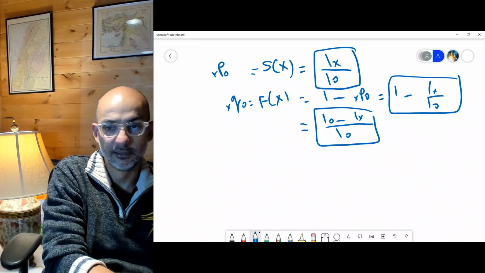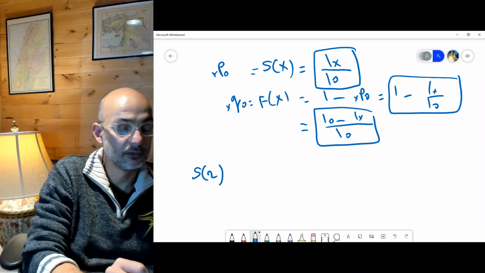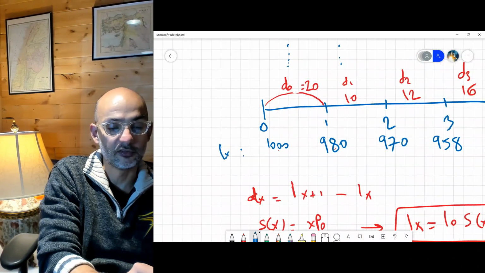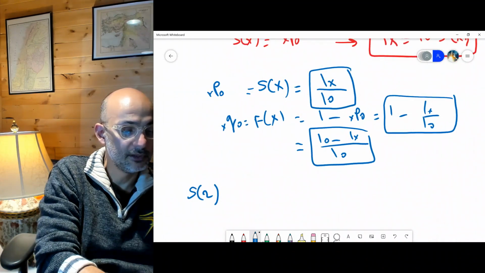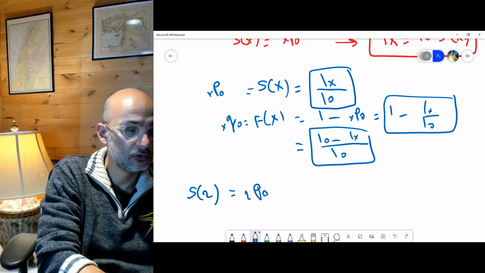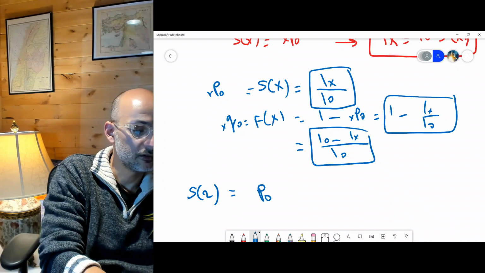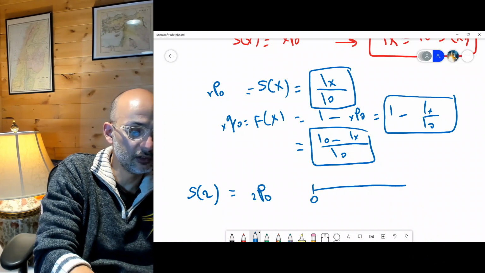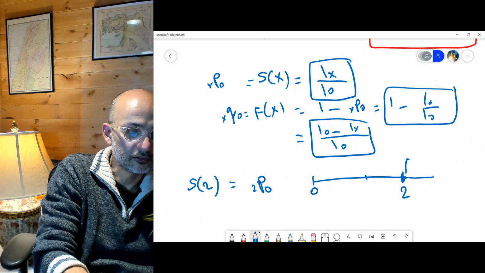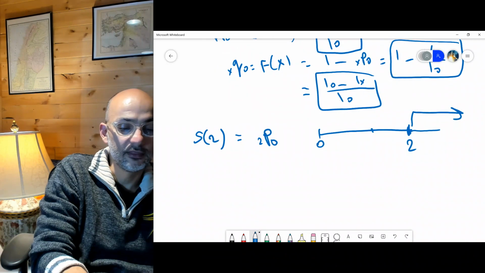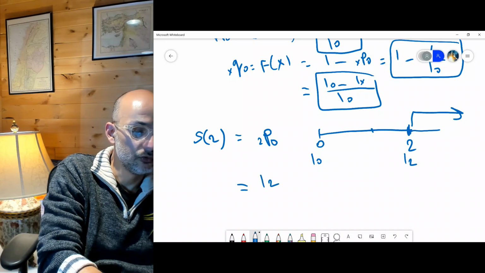Let's take a few examples and then we can illustrate this. Let's take S2, based on the example we started. S2 can also be written 2p0, so surviving for 2 years from age 0. We take L0 and L2, so this will be L2 over L0.